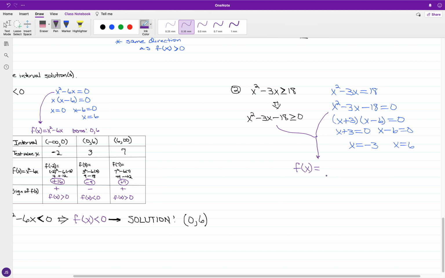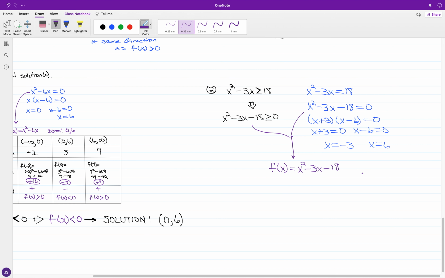Okay, so you have f of x equal to x squared minus 3x minus 18. And for the zeros, you have -3 and positive 6.